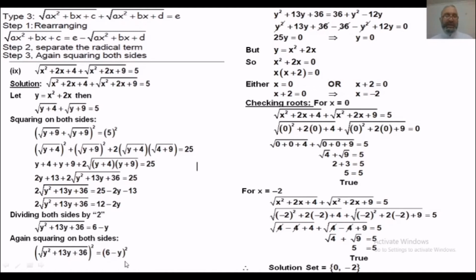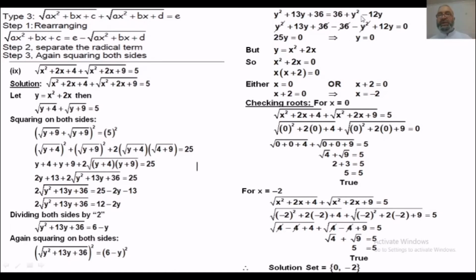So expanding the right side by a minus b whole square, we get 36, that is a square, plus y square, b square, minus 2ab, that means minus 12y, from 2 into 6 into y. So again transferring all the terms to the left hand side, we get y square plus 13y plus 36 minus 36 minus y square plus 12y is equal to 0.